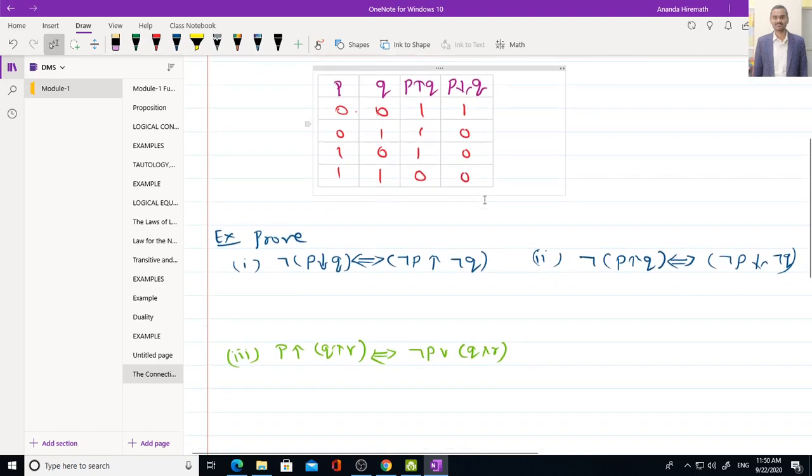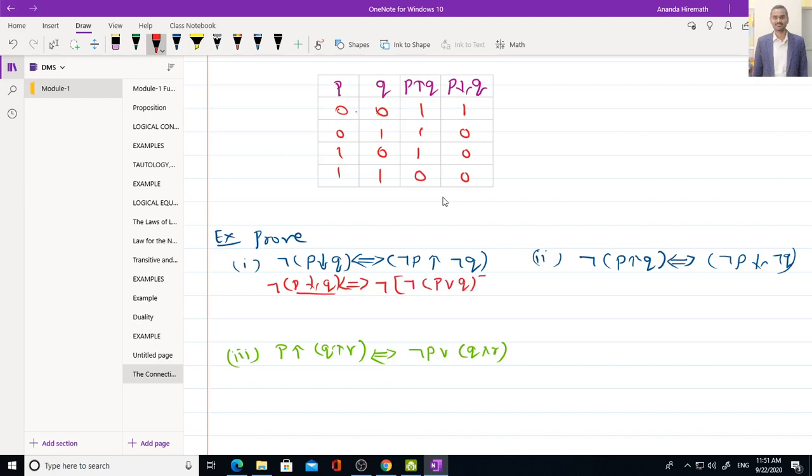Now let us consider some examples on this. Sometimes it may be asked to prove that negation of (P NOR Q) is logically equivalent to negation of P NAND negation of Q. In this case, let us consider the LHS. Negation is kept as it is, and NOR means not (P or Q).